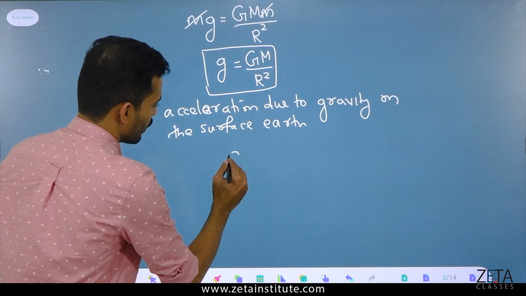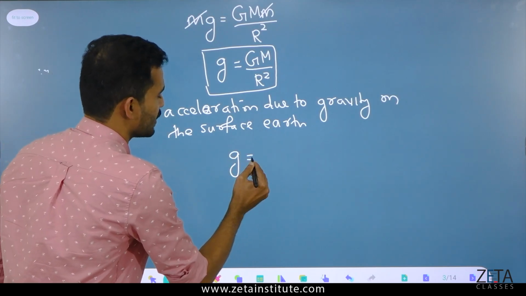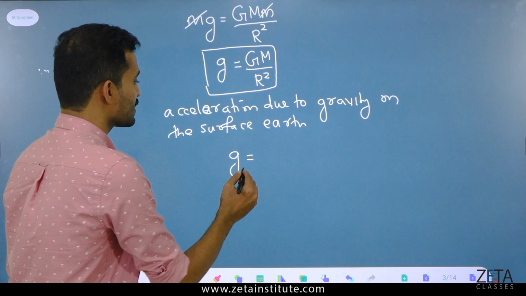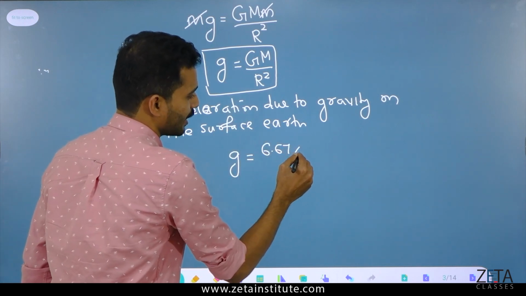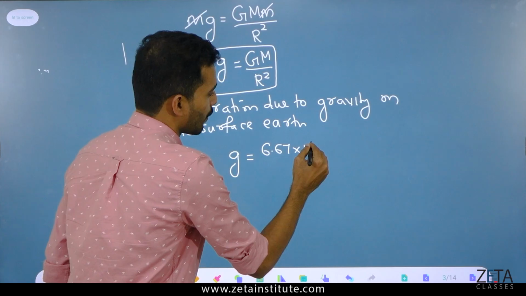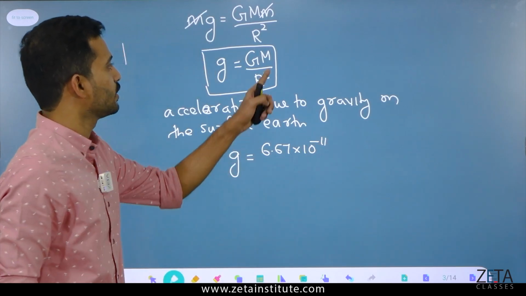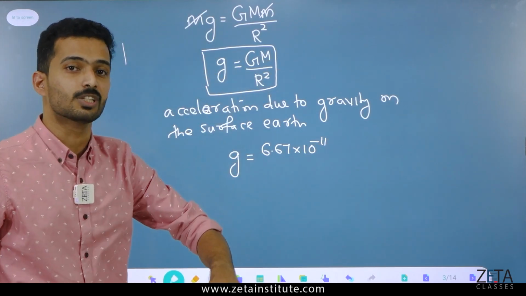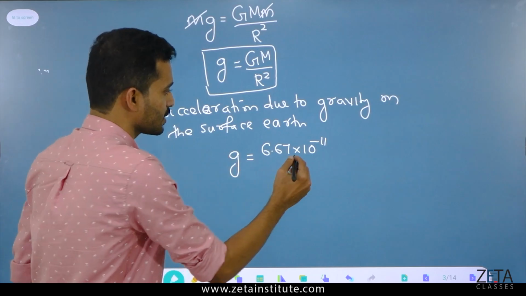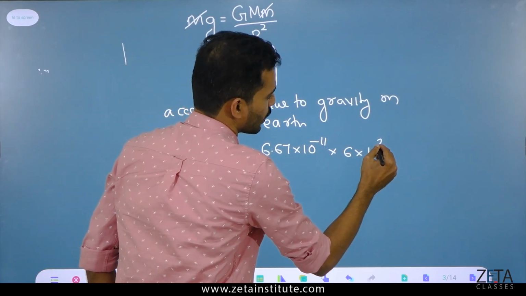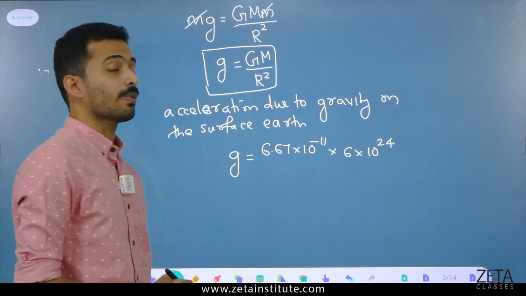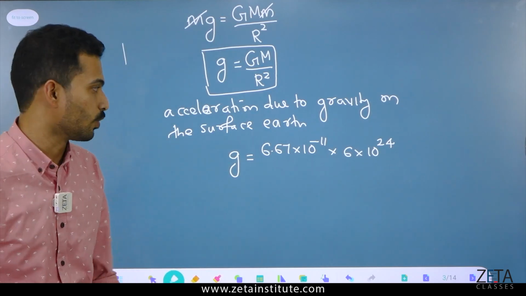So substitute all the values. The gravitational constant G is 6.67 into 10 raised to minus 11. M is the mass of the earth, which is 6 into 10 raised to 24 kilogram.